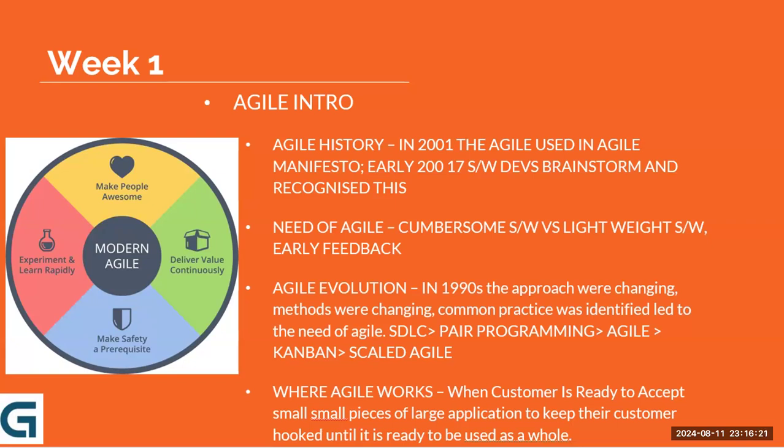So that's why, when you have a large project, per se a project that will go on for one or two or multiple years, we break down that project into smaller chunks, for example a month or 15 days, and then we focus on that month's delivery.